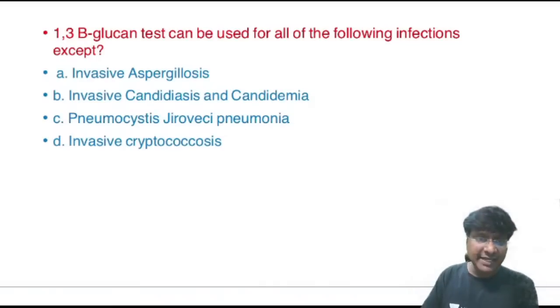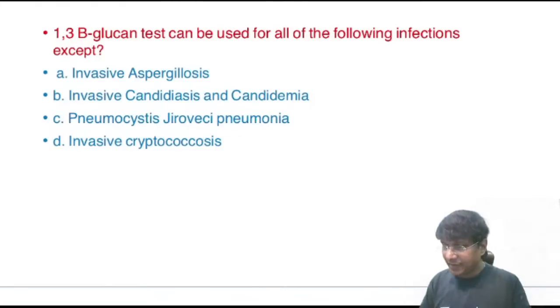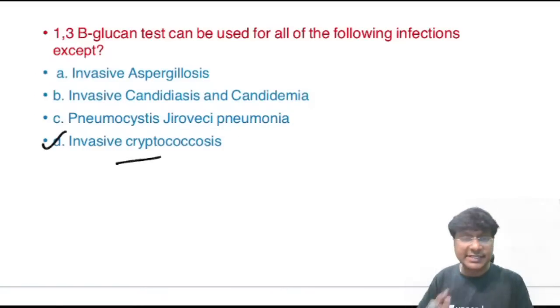So the 1,3 beta glucan test can be used for all of the following infections except, right, very good. So the answer is invasive cryptococcosis, right?